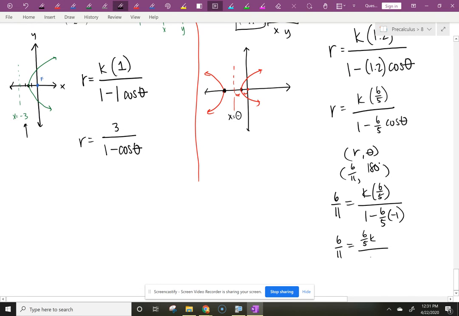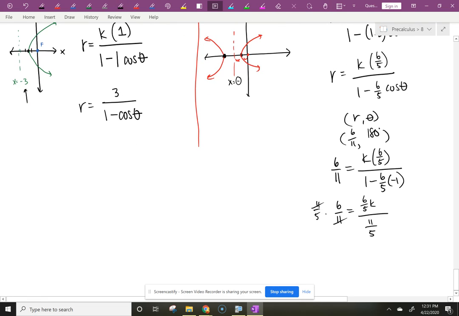So is that 11/5? 6/5 plus 5/5 is 11/5. Beautiful. I can multiply the 11/5 to the other side, and notice I get 6/5 equals 6/5 k. What? So k must be 1. I was going to divide by 6/5, but it worked out beautifully.